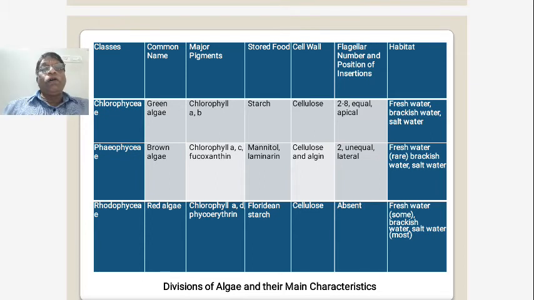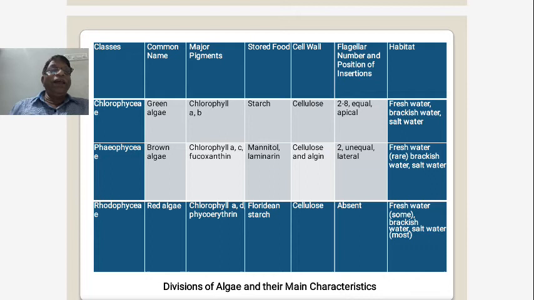Classes are there in one column, common name algae in another column, major pigments in another column, the reserve food materials or stored food materials in another column, then the nature of cell wall in a different column, then about flagella and their number, even the positions also recorded in another column.